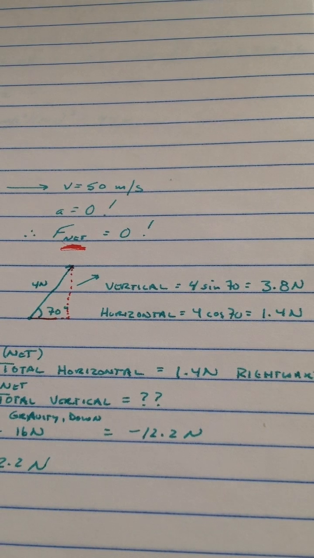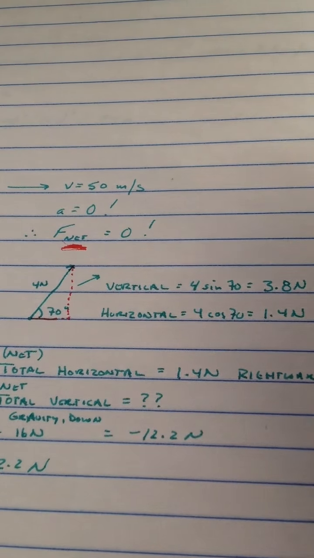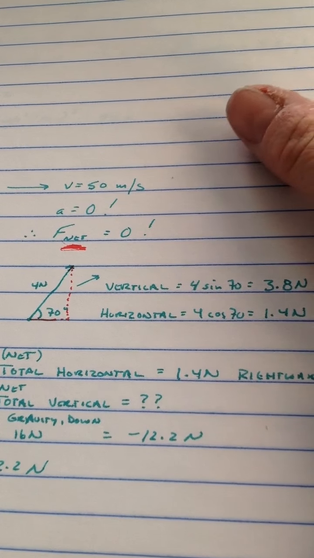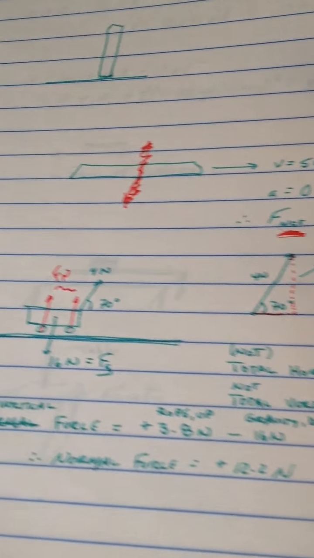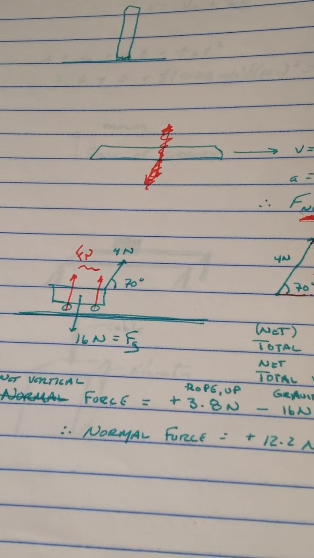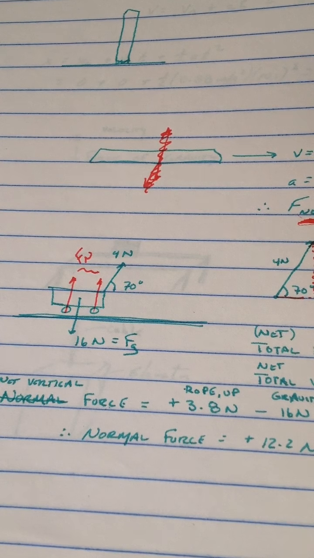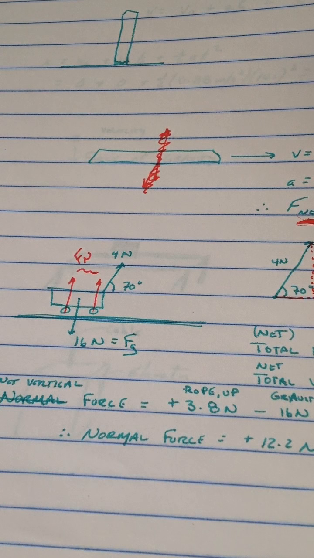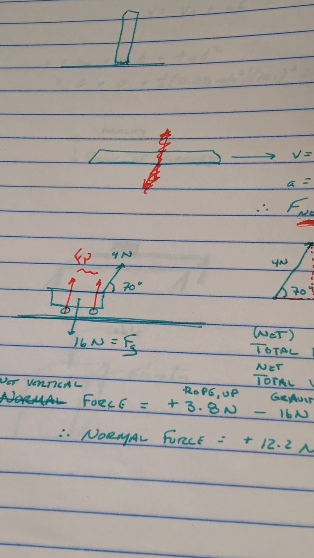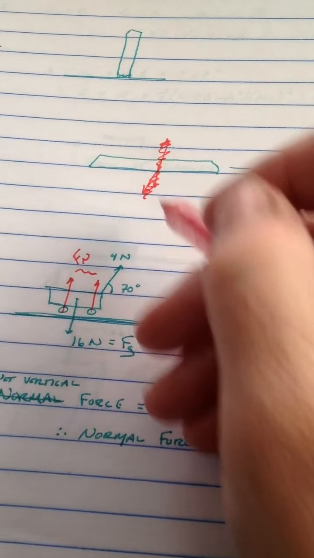Now, in order to answer any further questions about this wagon situation, we have to do a little bit of vector addition specifically. So let's take a look at this problem again. We have only one force acting in the horizontal direction.